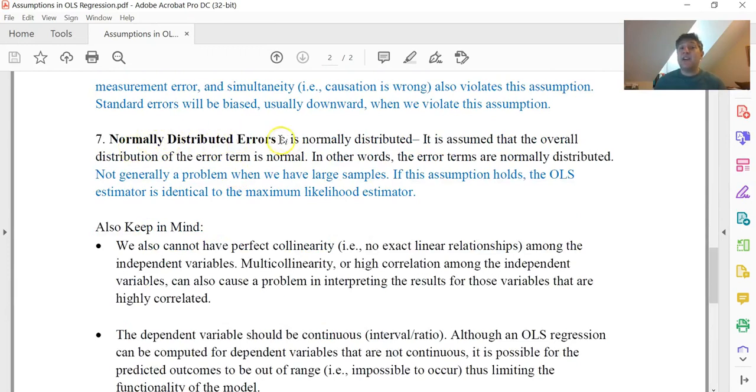We assume that the errors are normally distributed, that the distribution of the errors is normal. This is generally not a problem the larger the sample size we have. And if this assumption is true, then the OLS estimator is a maximum likelihood estimator as well.